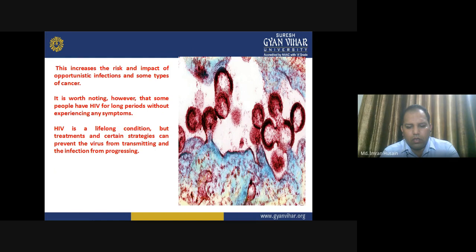Because of these things, HIV/AIDS is now somewhat manageable rather than being lethal. Now one can very easily manage the symptoms without it turning into a dangerous scenario.